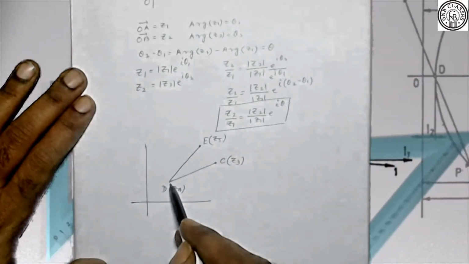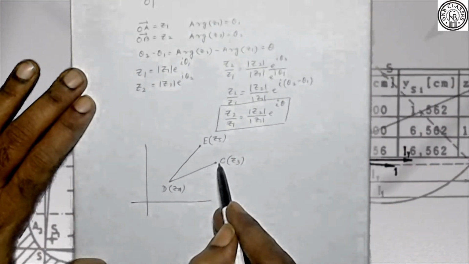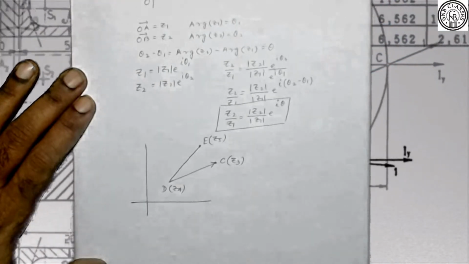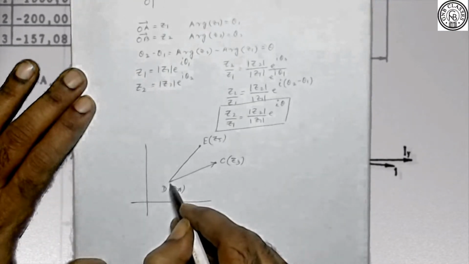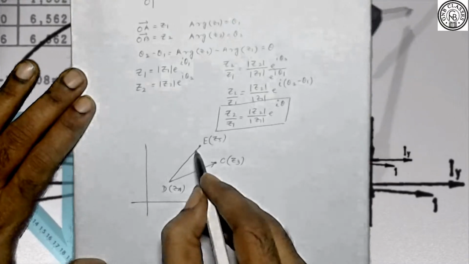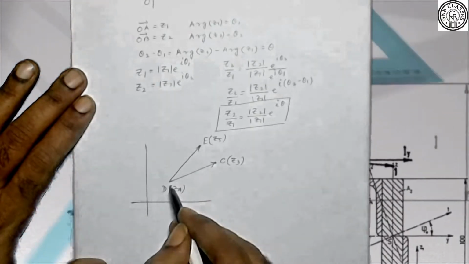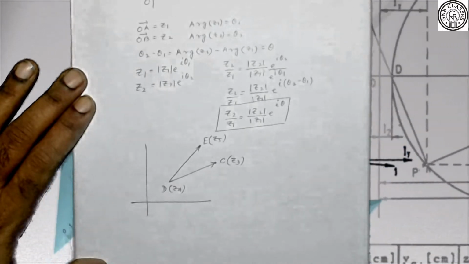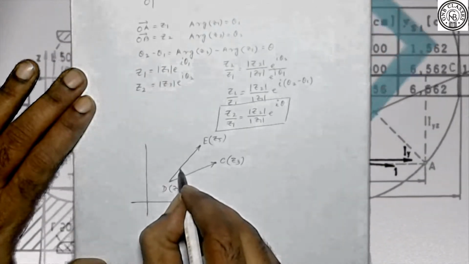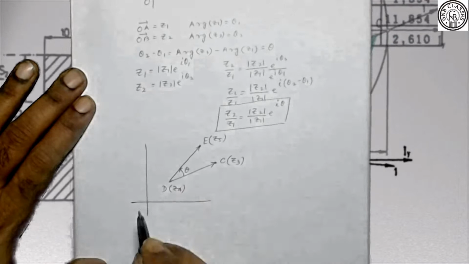Now we have moved the OA vector to this position without changing its direction and magnitude, and we have moved the OB vector to this point, that is DE, without changing its magnitude and direction. Again, the angle between them will be the same theta.